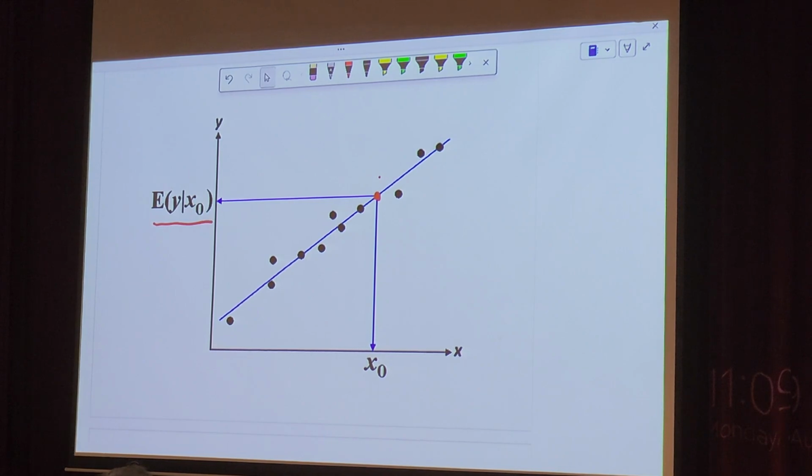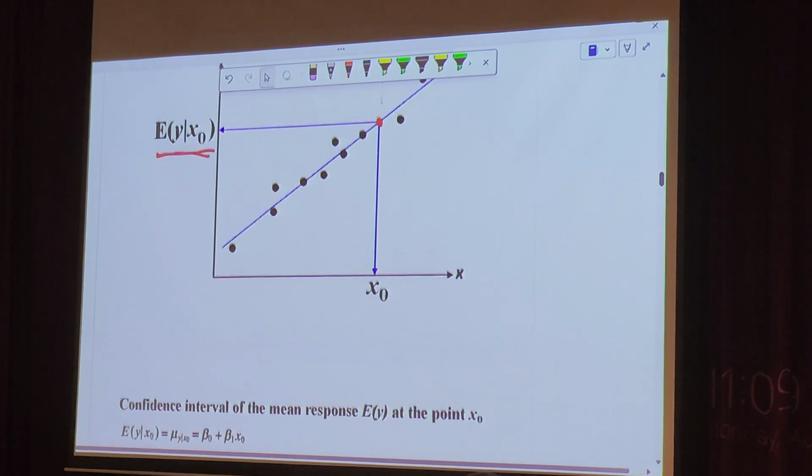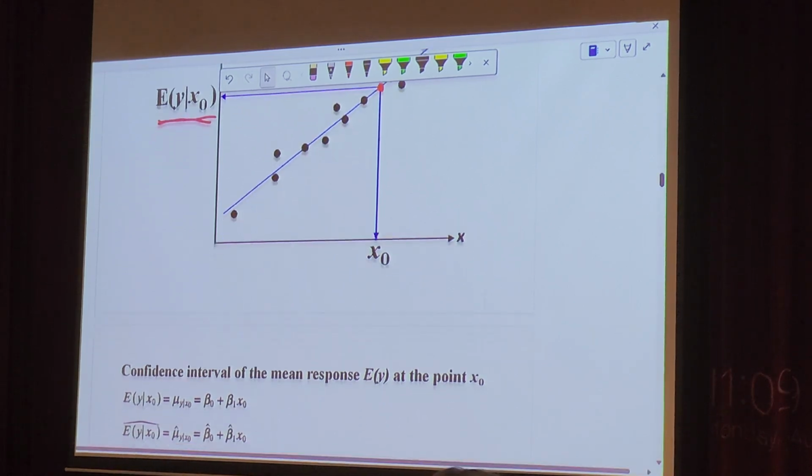I want to know the mean. After 5 years, some will be low, some will be high, but I want to know the overall average. And this is what it is: the expectation of y given x naught.